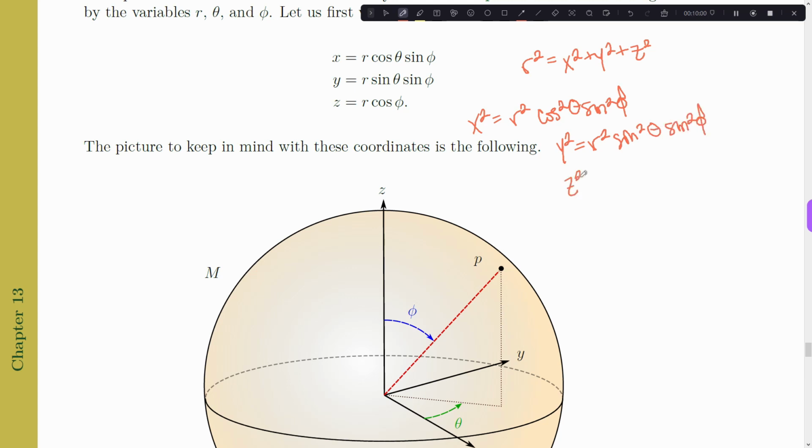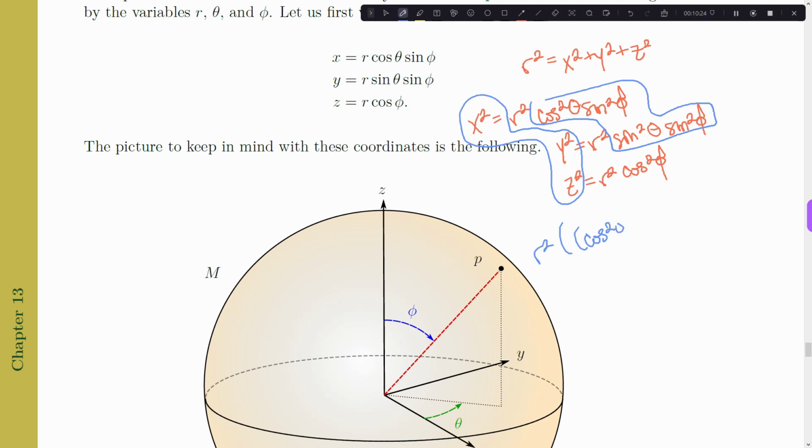And finally z squared is r squared cosine squared phi. If I add each of these together, each one has an r squared, so I'm going to factor that out. And then I'm left with cosine squared theta plus sine squared theta.